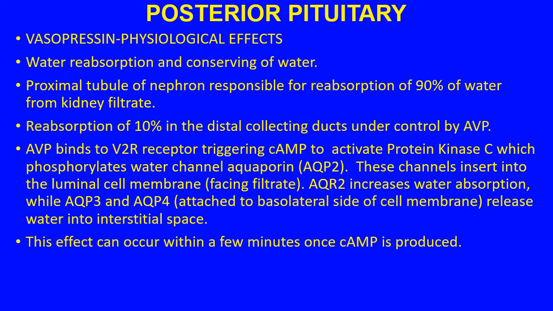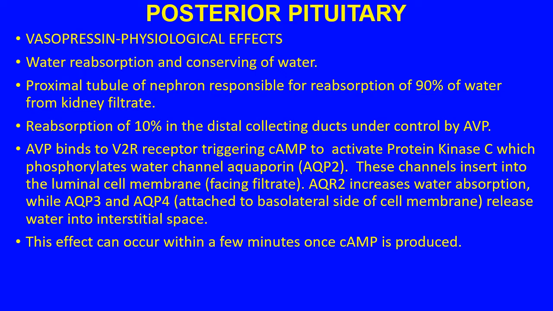How does it get out? This is where you're always going to have, and they're what's referred to as constitutive, meaning they're always there, another set of aquaporins, aquaporin 3 and 4, AQP3, AQP4. They're all attached to the basolateral side of the cell membrane, so facing outward.